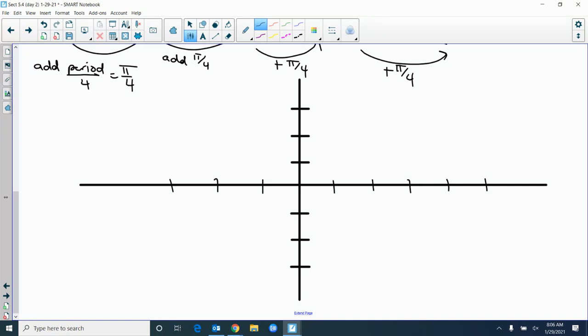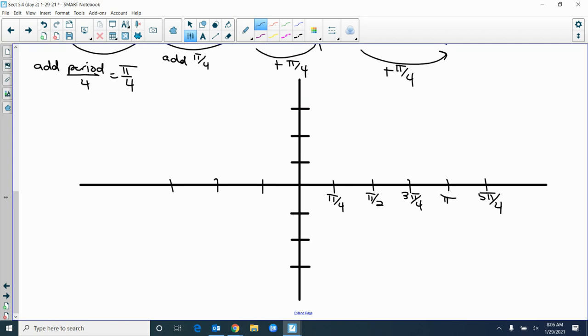The easiest scale for this one would be pi over 4, but your graph stops a little short, so you just have to extend it a little bit. I'm going to make that pi over 4, this 2 pi over 4, but now I'm going to simplify it, make it pi over 2, 3 pi over 4, pi, and then you're going to have to extend yours to make it 5 pi over 4 in the guided notes.